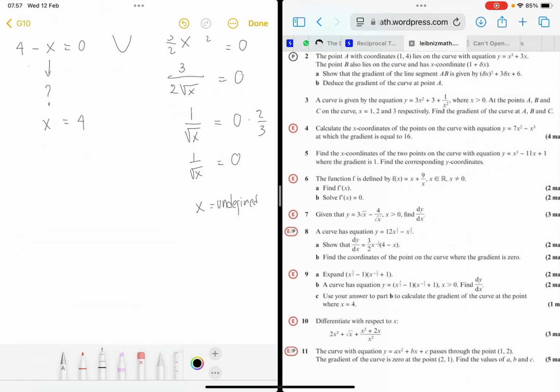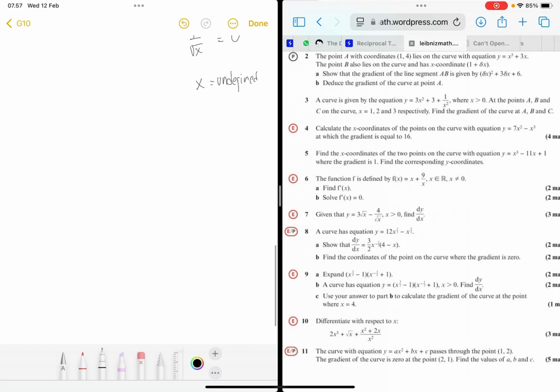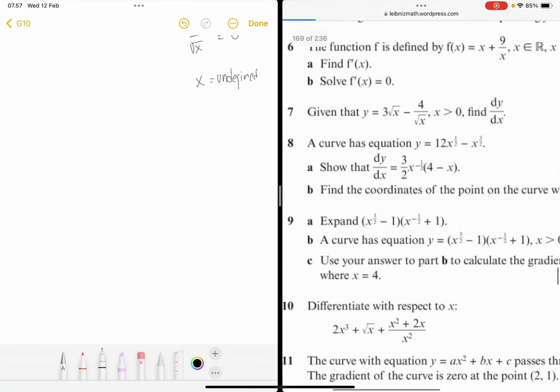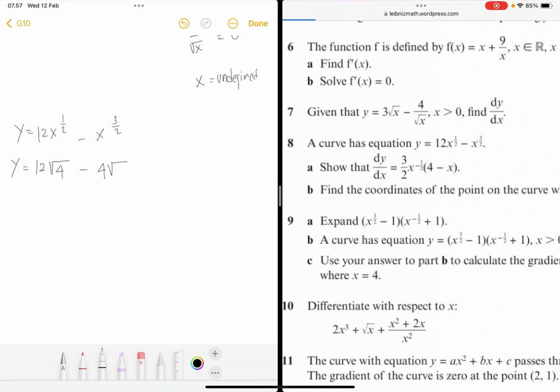Okay, so after that, we have found already x equals 4, then we will use it in order to find the y. Remember the original function given from this question. We have y equal 12x to the power of 1 over 2 minus x to the power of 3 over 2. And then all we need to do is just substitute the value of x equal to 4. So we make it here root 4, here we make it 4 root 4.